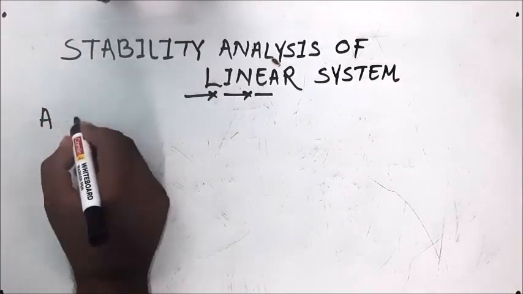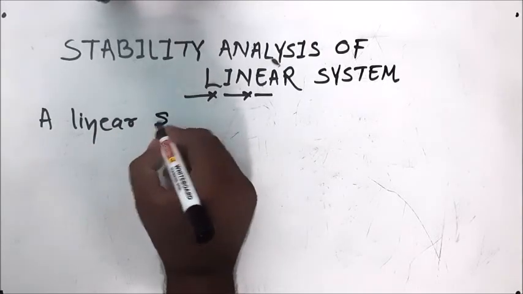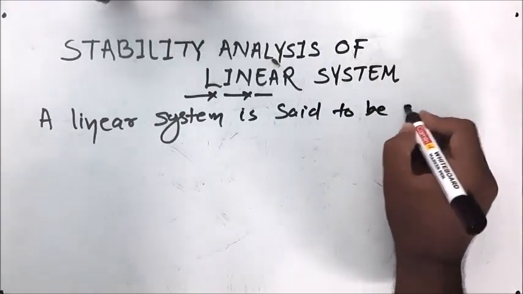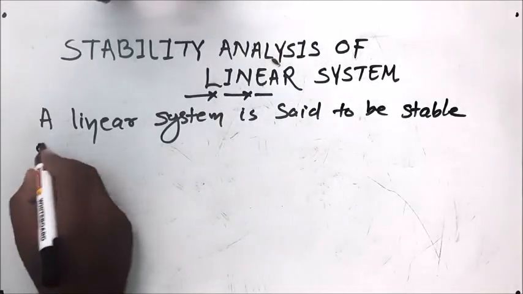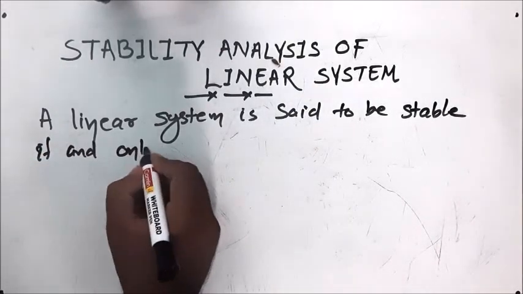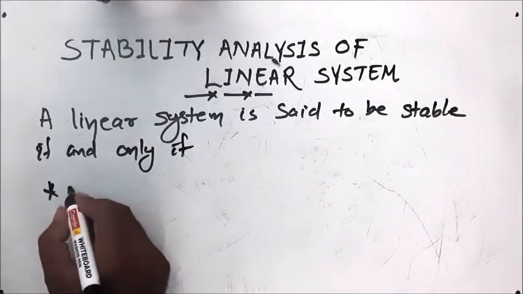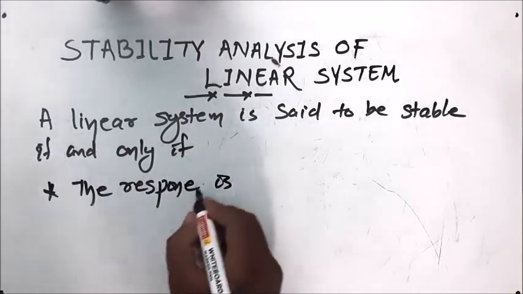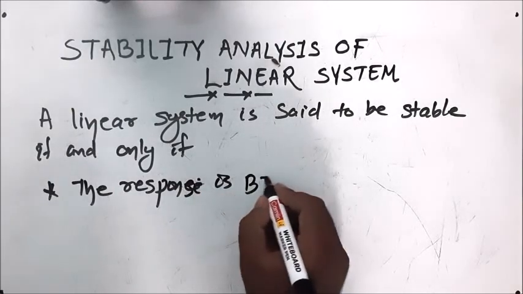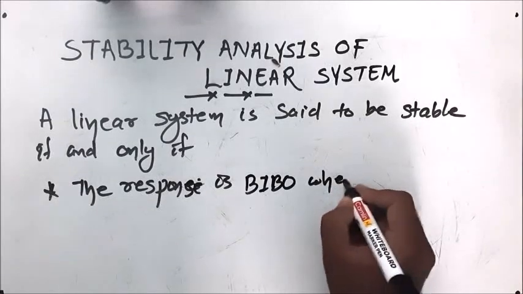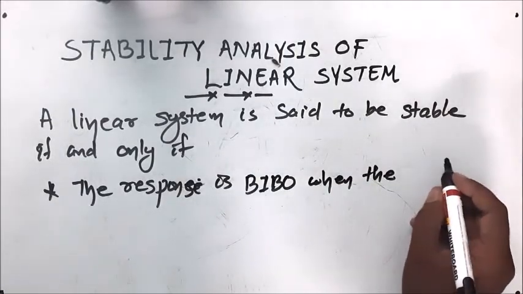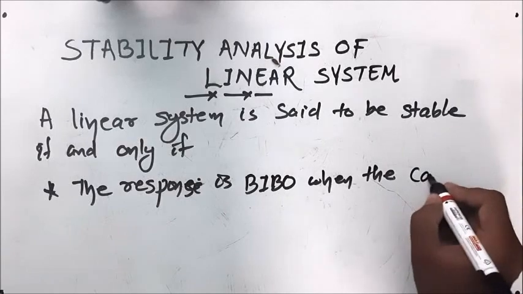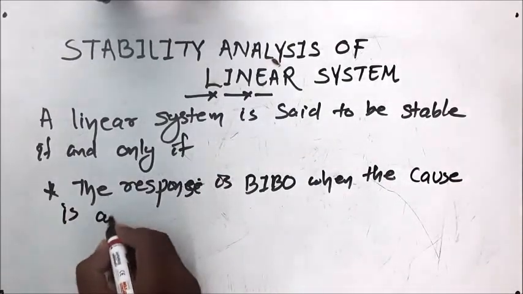So we can say a linear system is said to be stable if and only if the response is BIBO when the cause is also BIBO.